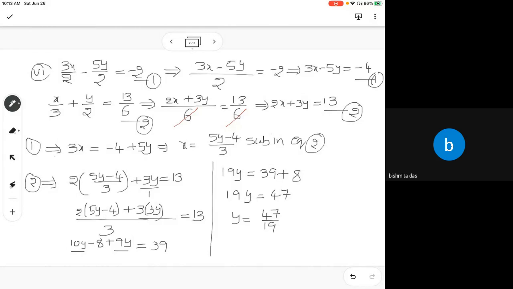But in rare problems we get solutions like this. So whenever the y value is 47 by 19, you have to substitute this in either equation number 1 or 2, so that we will get the value of x.